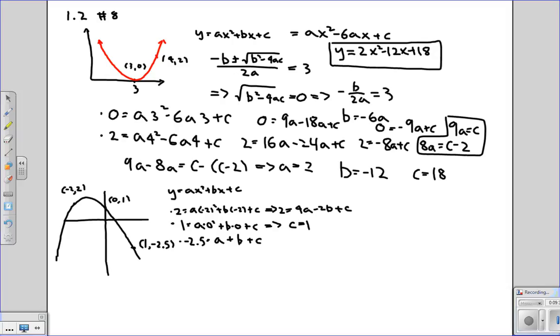Now the first thing we're going to do with these equations is plug in c equals 1, because that's crucial. So the first equation can be simplified to 2 equals 4a minus 2b plus 1. And this equation can be simplified to negative 2.5 equals a plus b plus 1.